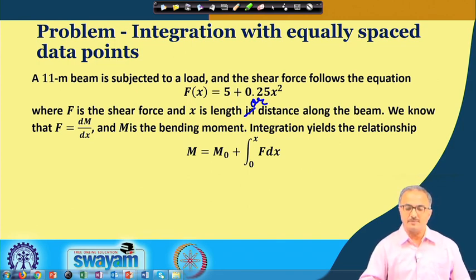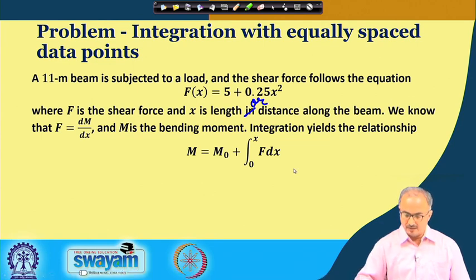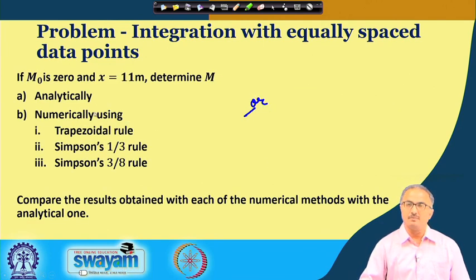Here we have this particular expression which can be easily integrated analytically. First, let us see the problem statement. We are told that if m naught is 0 and x equals 11 meters, determine m analytically and numerically.